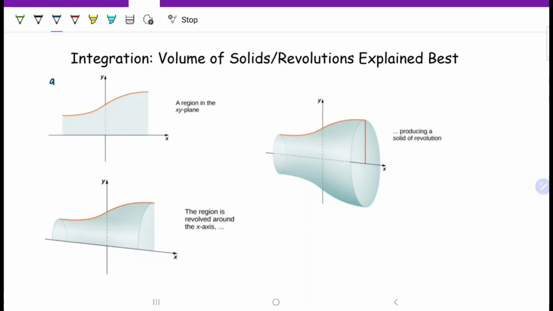So when we're dealing with functions, let's deal with this diagram A. When dealing with functions in the xy plane, you'll see we've got a function over there, and obviously it creates that particular shape where it's shaded.